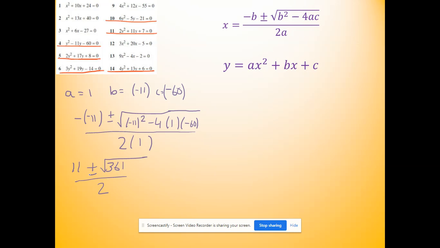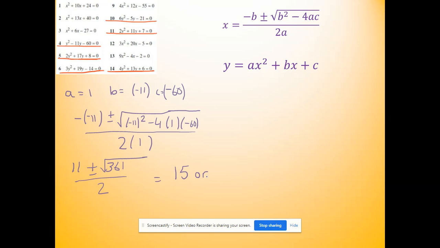Now that's plus minus. What we then have to do is put that in our calculator. So I'm going to use my fraction button, and I'm going to put 11 plus root 361, and on the bottom I'm going to put a 2, and I'm going to press equals, and that gives me an answer of 15.